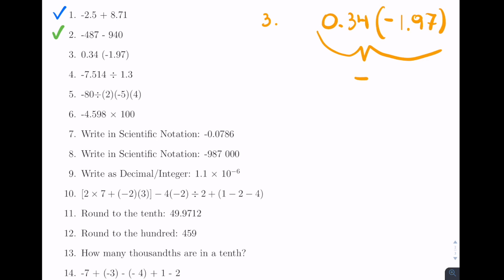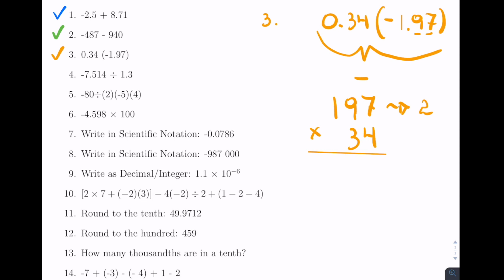What I like to do with these questions is write the number which has more digits on top, and I drop the decimal. I dropped 2 decimal spots, 1, 2. Then I write the second number with its digits in the bottom.